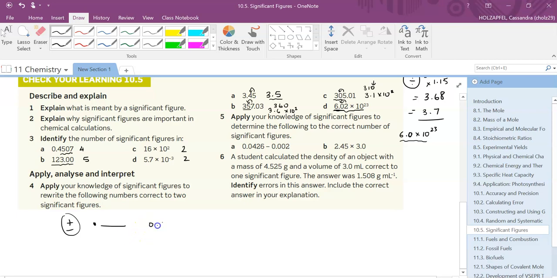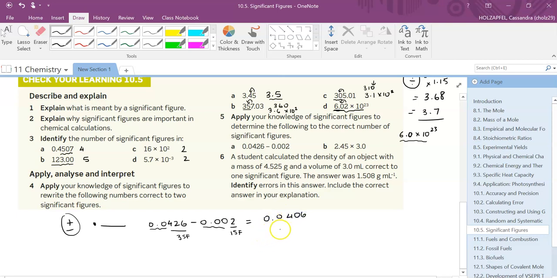So we'll have 0.0426 minus 0.002. And all these zeros here you can tell are just placeholders, same with these zeros here. So this one has 3 significant figures and this one only has 1 significant figure after the decimal. And so we should only do this to 1 significant figure. So my solution is going to be 0.0406.